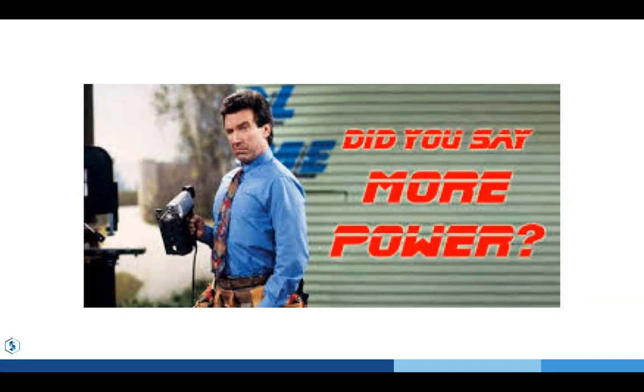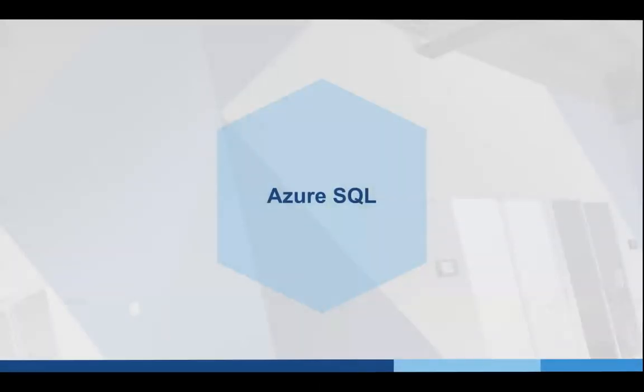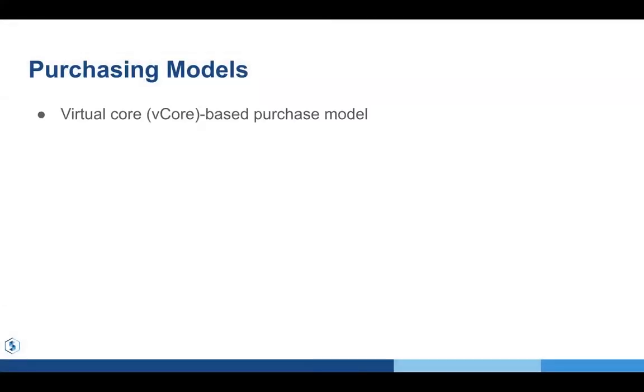So we're going to talk about the Azure SQL models I mentioned at the beginning of the presentation. Basically, they have two purchasing models. The first one is the virtual core. It's the recommended one. This one is focused on adding or increasing memory or resources independent from storage, and it's not related to any DTUs.